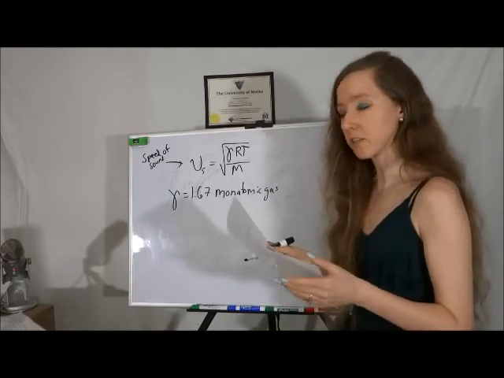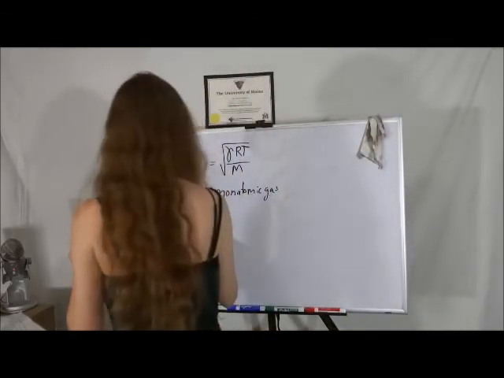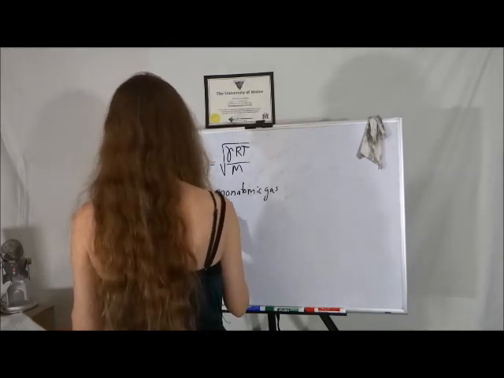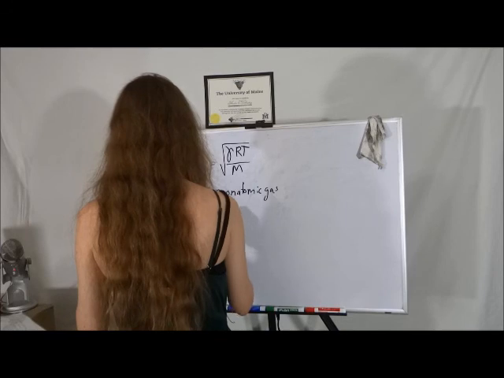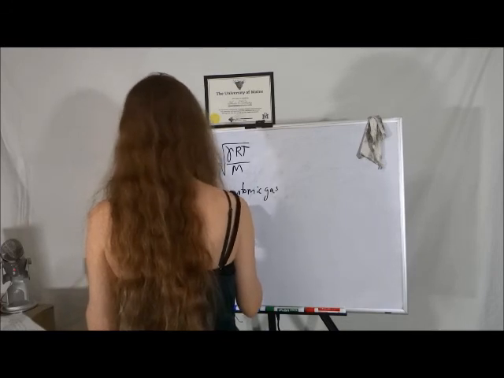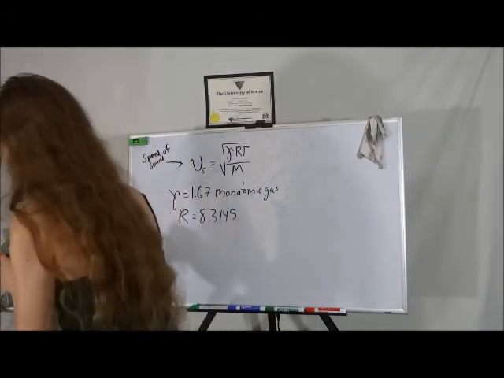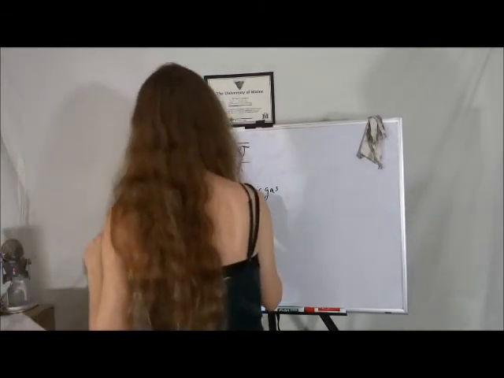R is called the gas constant, and it's equal to 8.3145 joules per mole Kelvin.